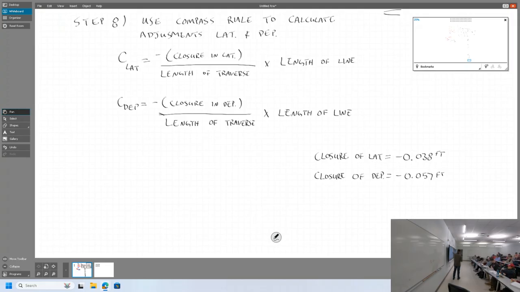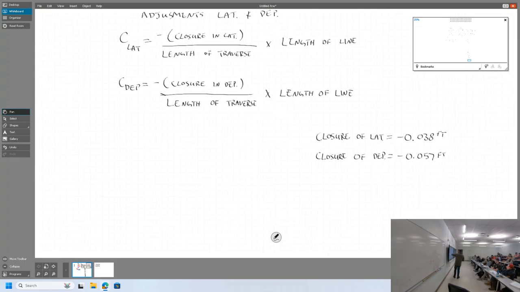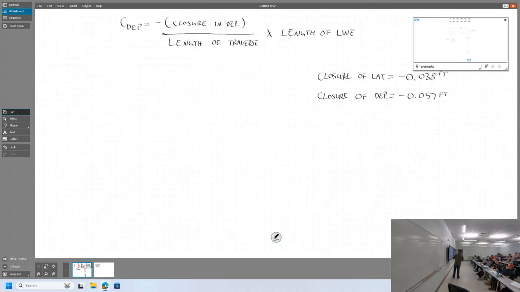The closure in lat is going to be negative 0.038 and the closure in departure is going to be negative 0.057. So let's start doing the corrections for line 1.